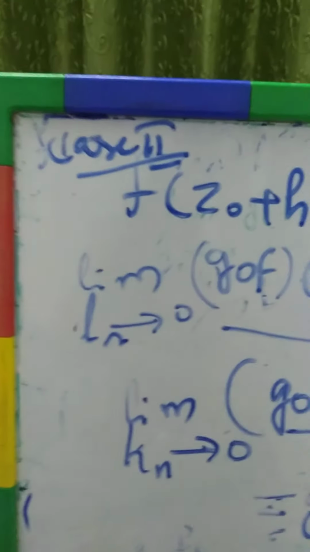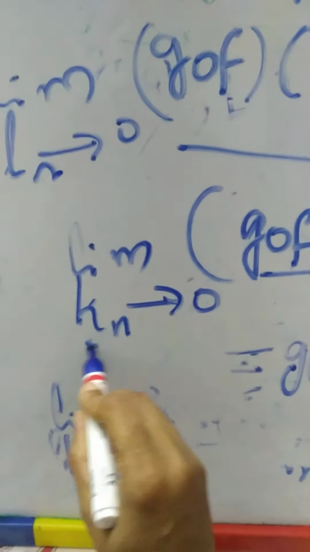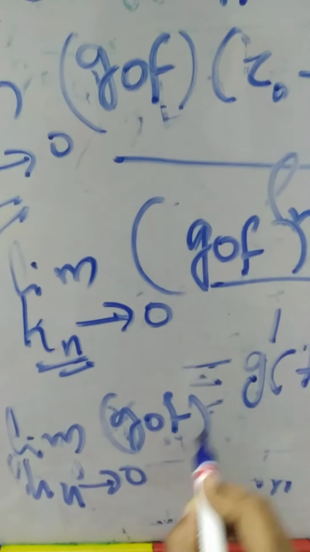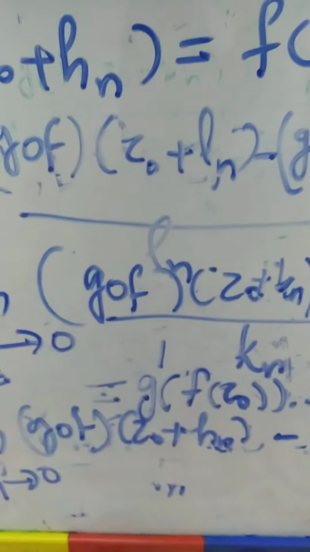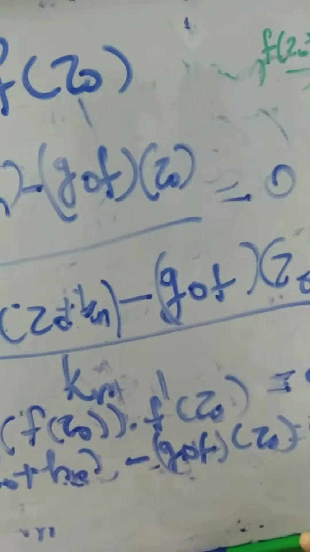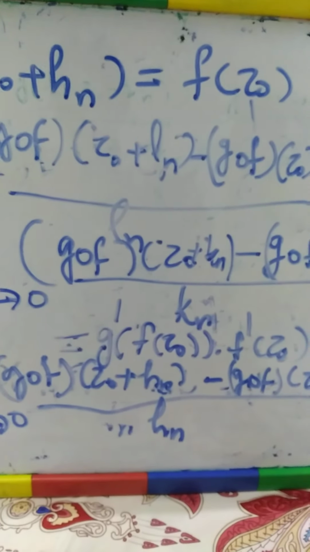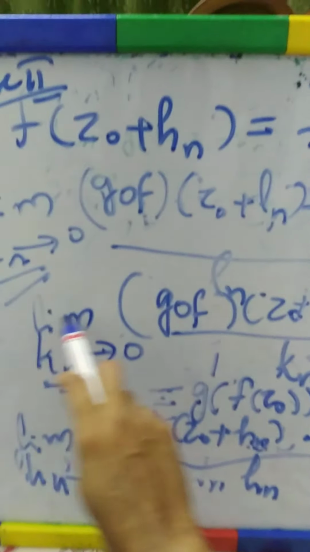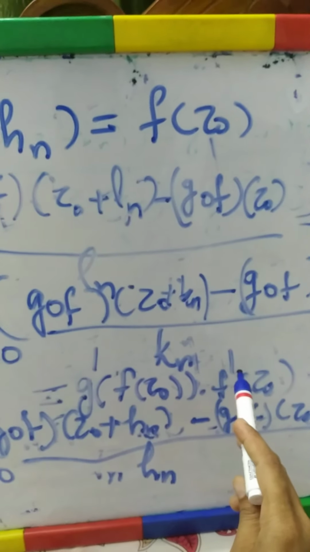Your aim is to show that the limit as Hn tends to 0 of G composition f of z naught plus Hn minus G composition f of z naught divided by Hn, by using this part, is equal to G dash of f of z naught into f dash of z naught.